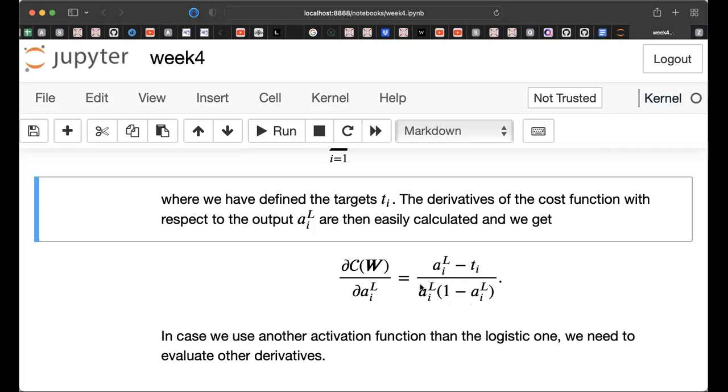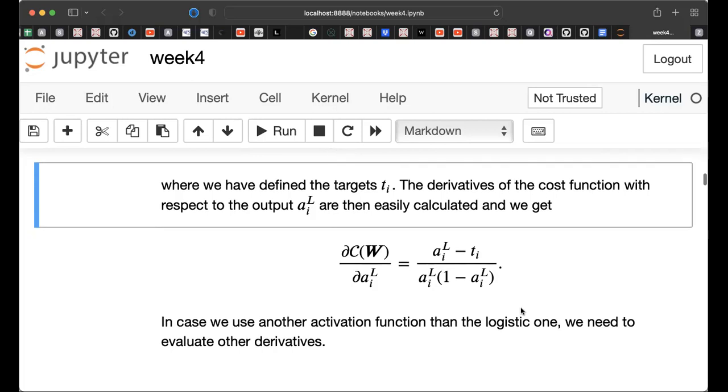So the quantity which you see here in the denominator, that can be traced back to the derivative of the specific activation function. So you could now replace what you see here with the derivative of the cost function with respect to the parameter a_i at the final layer, multiplied with the derivative of the specific activation function.